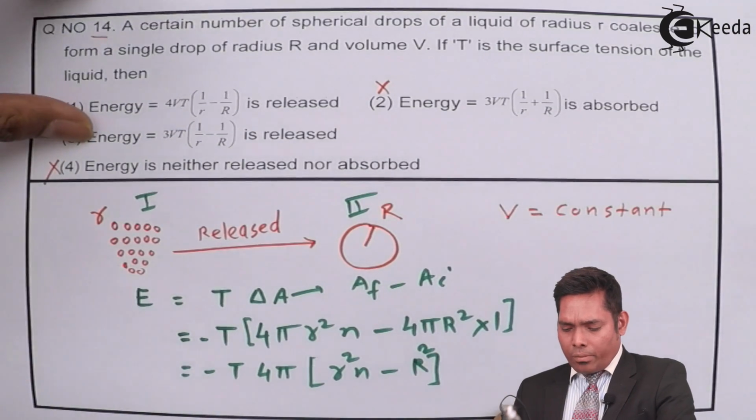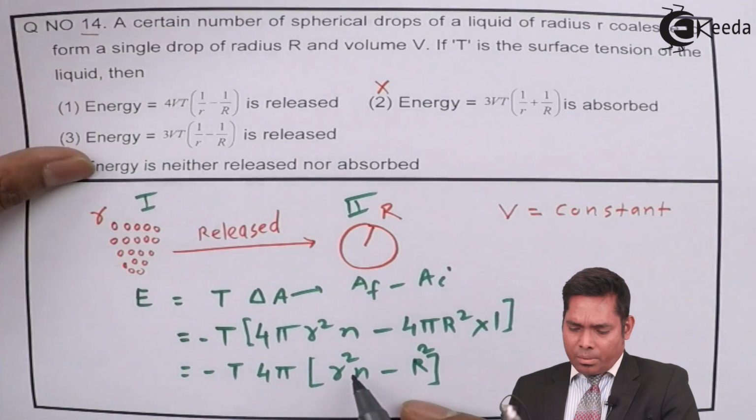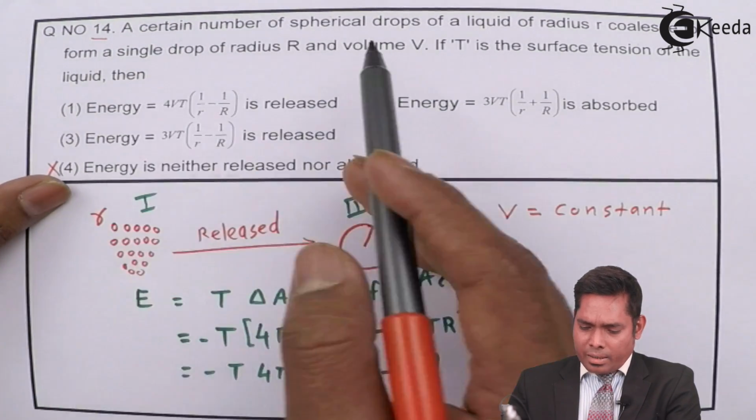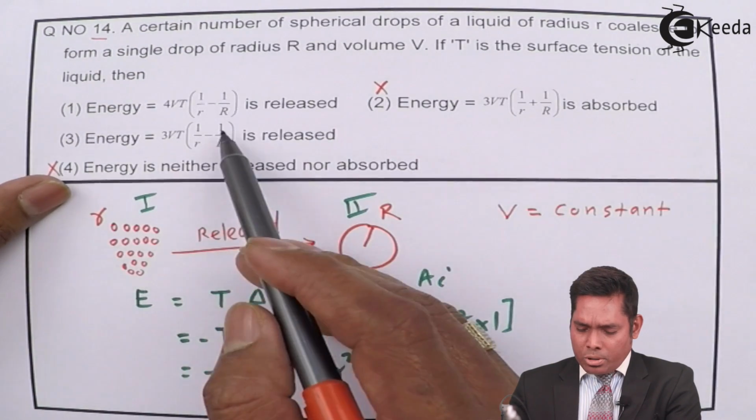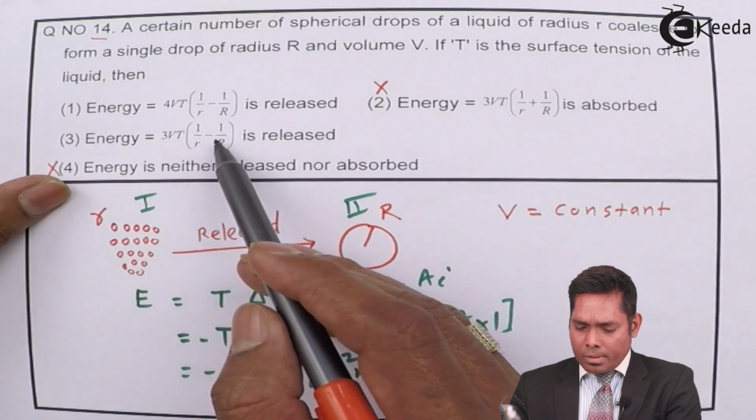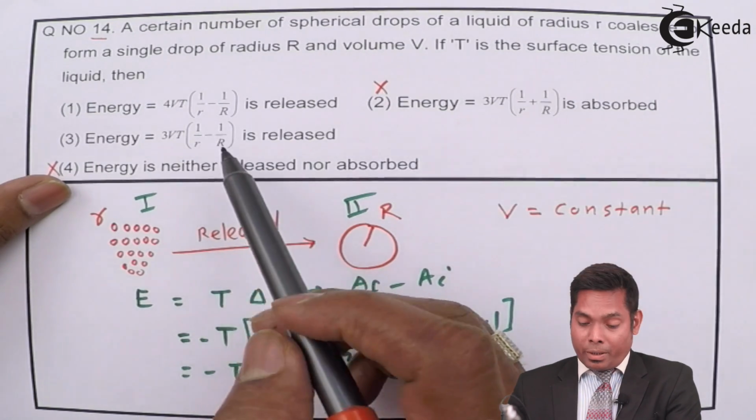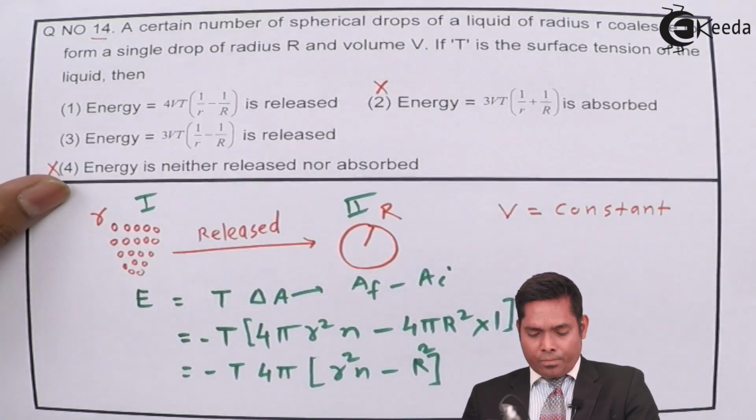Next, we have to find the relationship between small r and capital R. In the options, we have to write in terms of small r, capital R, V and T.